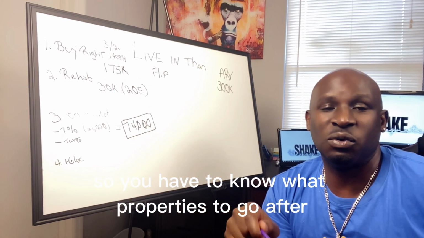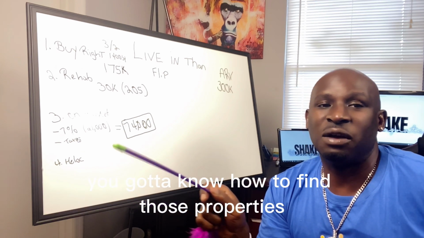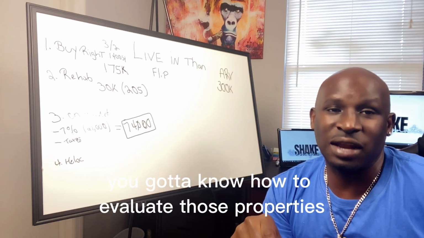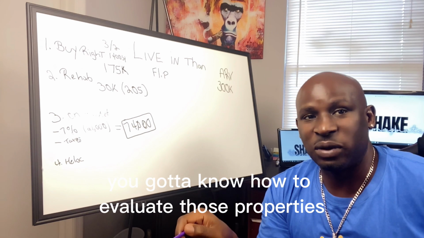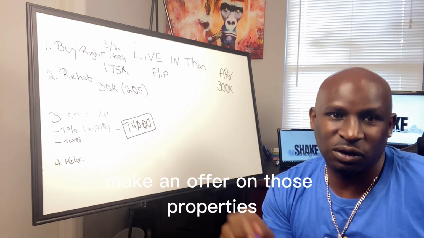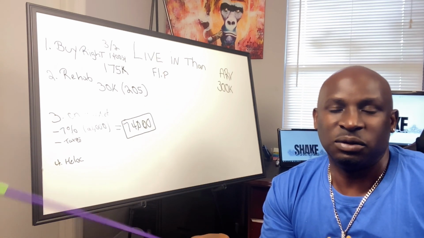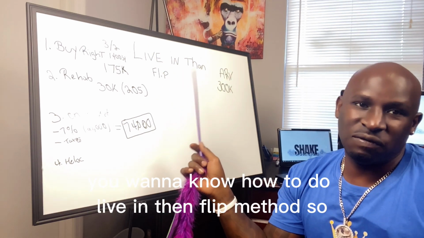So you have to know what properties to go after, how to find those properties, how to evaluate them, and how to make an offer on them. But once you have acquired the property, you want to know how to do the live in then flip method.